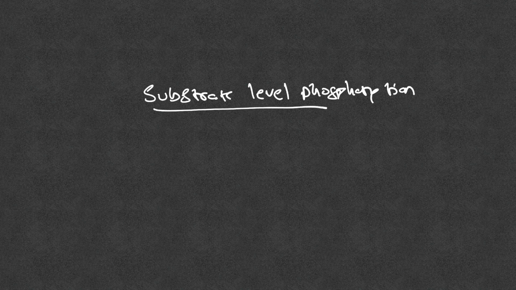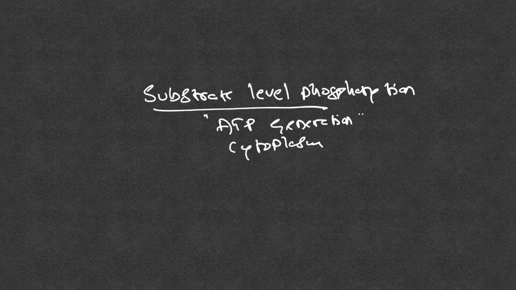ATP generation normally happens in the mitochondria, whereas in substrate level phosphorylation, ATP generation is going on in the cytoplasm itself. This is something special. And there are two reactions in glycolysis that catalyze substrate level phosphorylation, and one is the phosphoglycerate kinase enzyme.